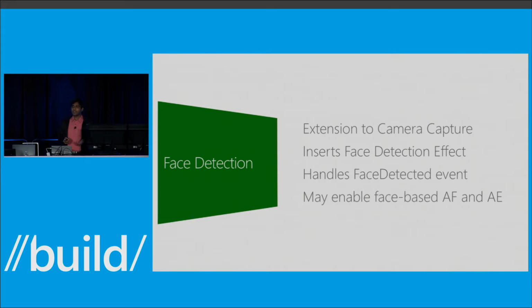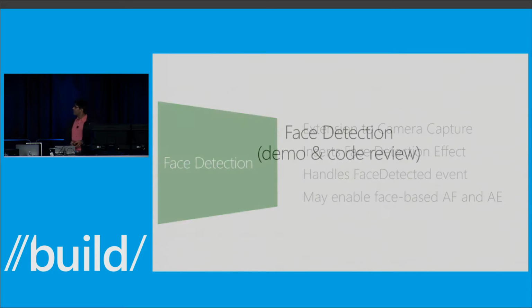It showcases how easy it is to add face detection. All you need to do is insert the effect and listen to an event. On supported devices, it will also enable face-based autofocus and auto exposure, so the pictures that you're taking are well lit. Mike will demonstrate this extension.